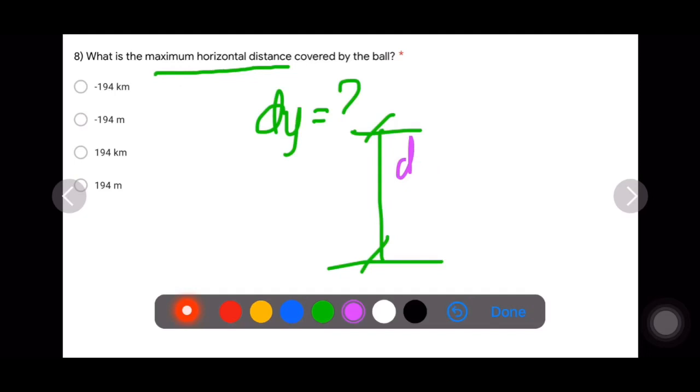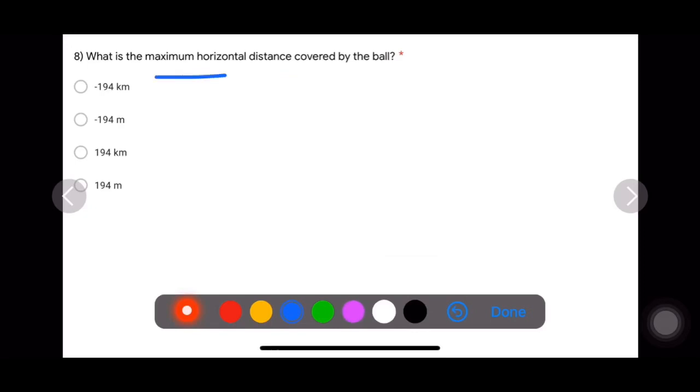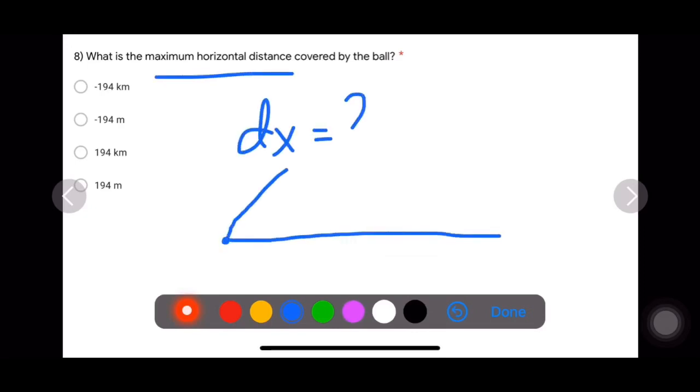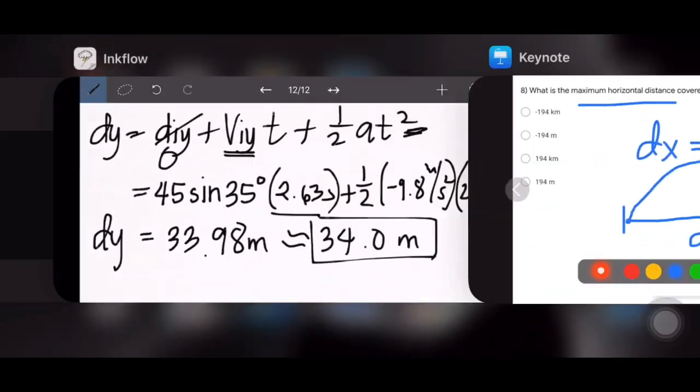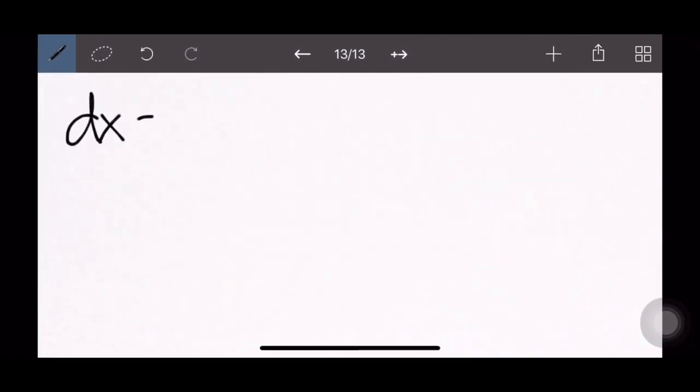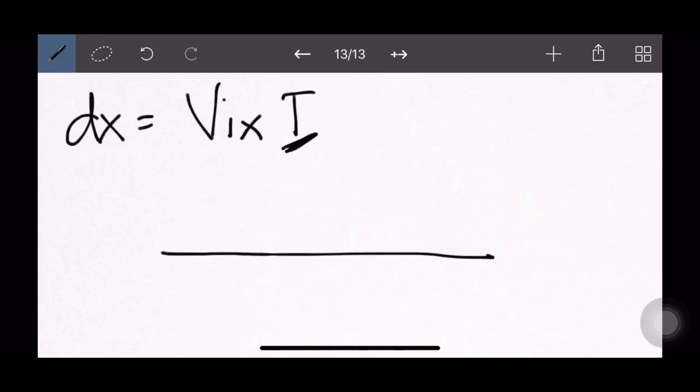Sorry, maximum horizontal distance is the dx. So from this point, when it reaches the maximum and it goes back to the ground again, so the position along the x-axis. So dx, with the formula, you have vix times t. Why capital T? Because from the certain horizontal distance, you will go up, right? The ball goes up and then it goes downwards.